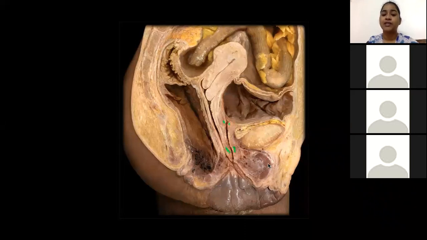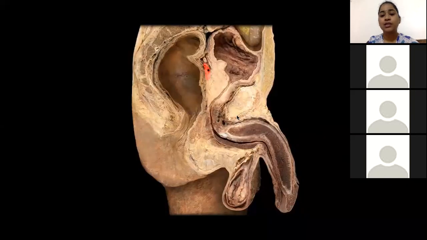Now you know this is the anterior side, and behind all structures is the posterior side. The first identification feature is to look for the pubic symphysis. This is in the case of the female pelvis. In the male pelvis also, this is the pubic symphysis. So feel the pelvic bone, that is the pubic symphysis.